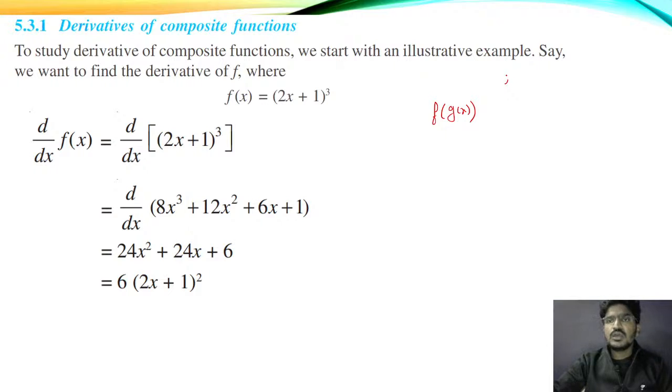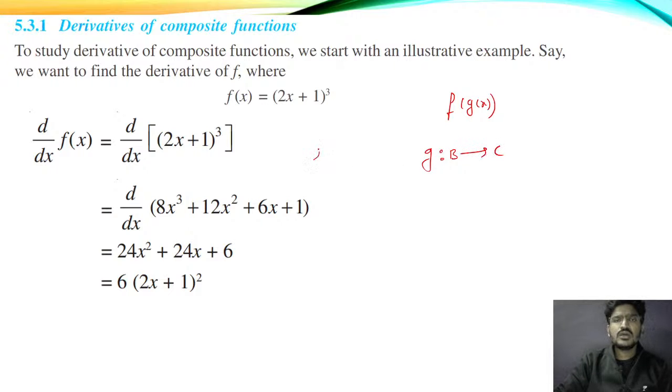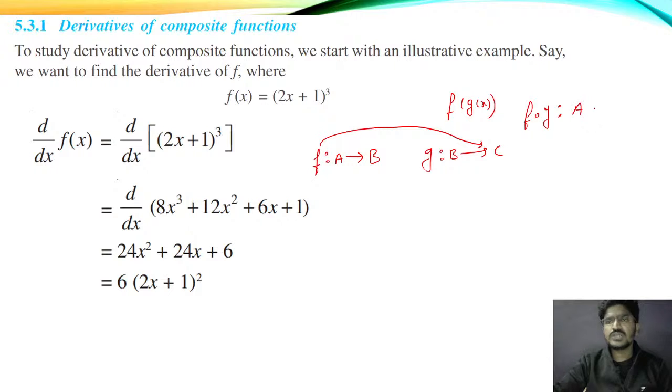Here f is a function from a to b, and this is g of x. g is a function from b to c, and f is a function from a to b. So the composite f of g will be a function from a to c. This is called a composite function.